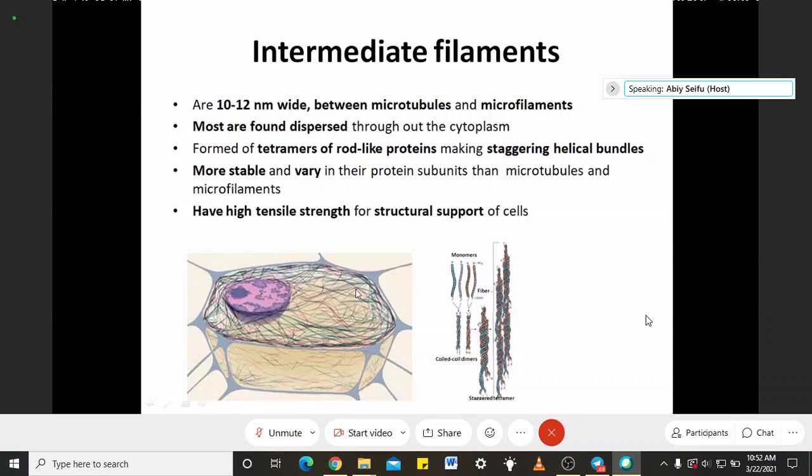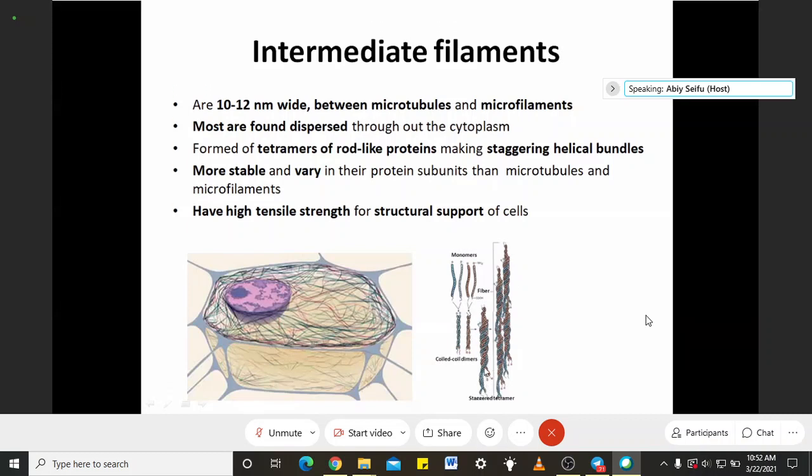They are also made from smaller subunits, smaller molecules, and these are coming as tetramers, meaning four molecules are wrapped together in a helical type of fashion to give us the intermediate filaments, which will be laid down in a staggering type of manner. And again, twisted one with another, like this one.